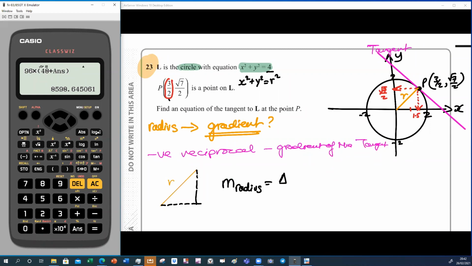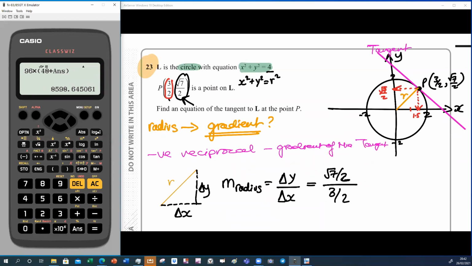It is the change in y over change in x. What was the change in y? √7/2, which is the height of the triangle. And what is the change in x? 3/2.